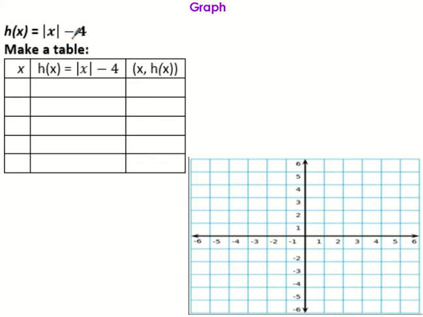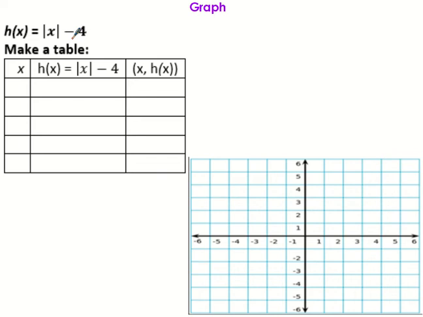Based off this equation, we should be able to know, like, is it stretched or compressed or neither? We should know if it's opening up or down, okay? And now we're going to be able to decide if it's been moved up or down, and then we're also going to see what that H does, okay?